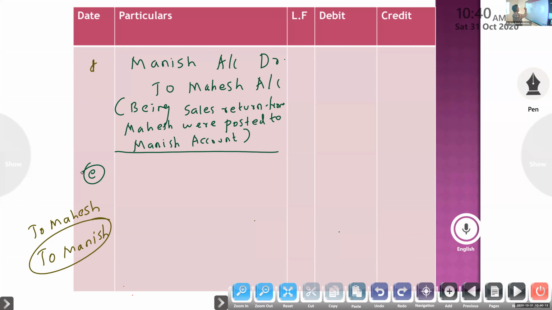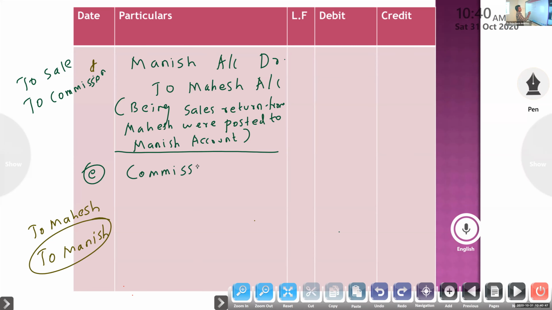So cash sales, that is sales, we posted to the commission account. Instead of sales, we wrote commission. So the entry, Aparna? Sir, commission account debited to sales account.